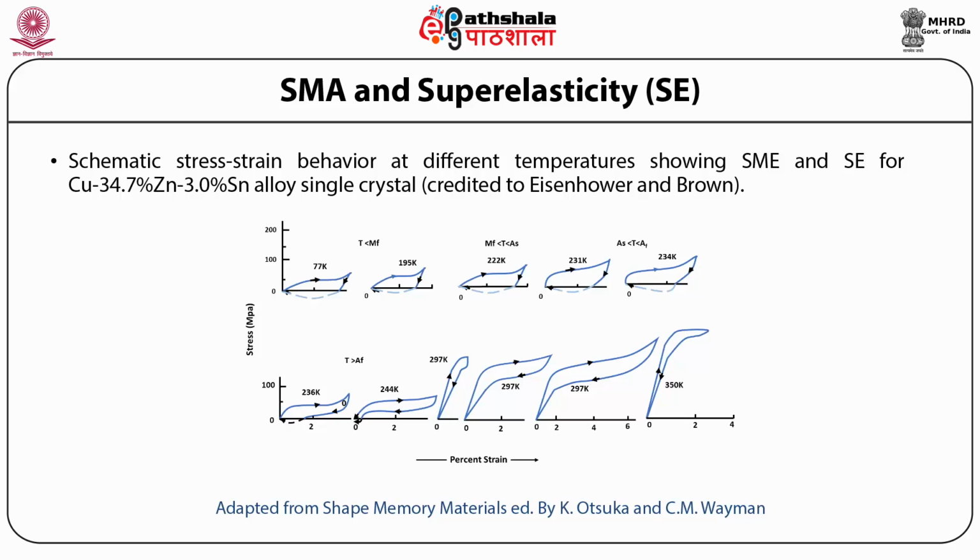Note that for this material, MF is 208 Kelvin, MS is 221 Kelvin, AS is 223 Kelvin, and AF is 235 Kelvin. In this plot, the solid lines show the stress strain behavior on loading and unloading, whereas the dashed lines show the strain path upon heating at temperature above AF.